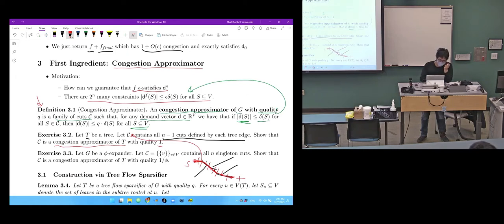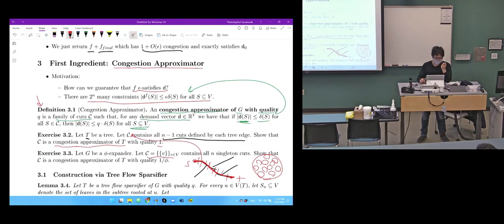And if a graph is an expander, then the family which is just a singleton cut for every node would work too.